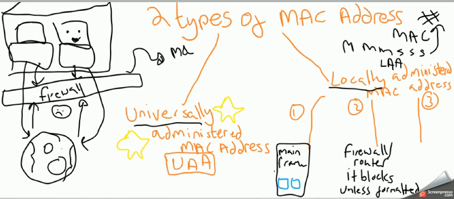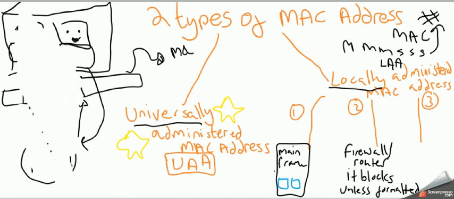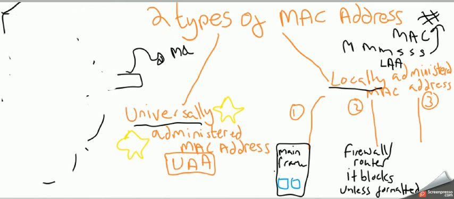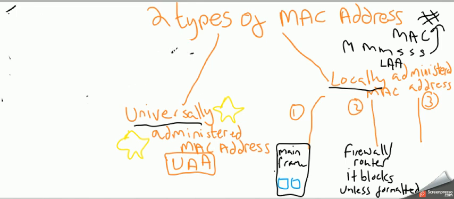Now the third reason why somebody might want to customize their own MAC address or business. Why would they want to change the MAC address of the devices? We've looked at 2 so far. Let's look at the final reason once I've just rubbed out all of this. There you go. All gone. It's good as new.